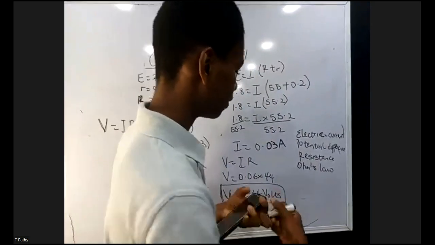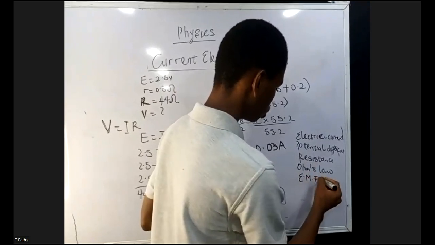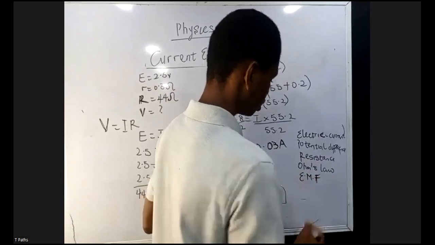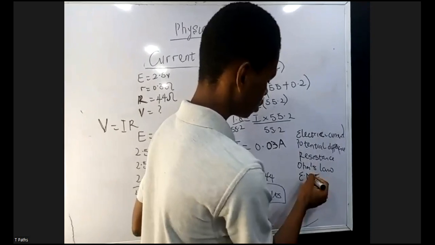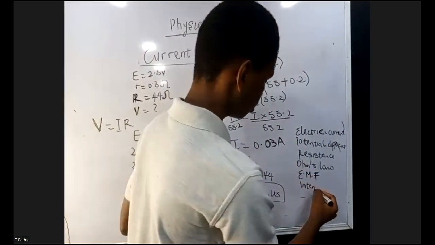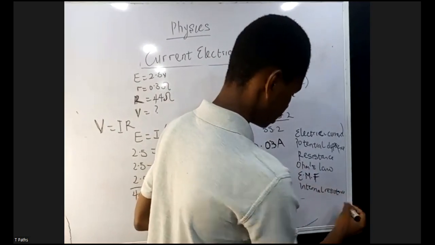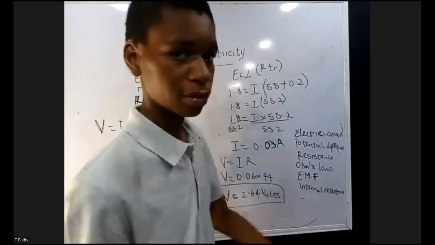I also said the EMF of the cell is the maximum potential energy between two cells on your circuit. Internal resistance is the resistance coming from the cell itself.